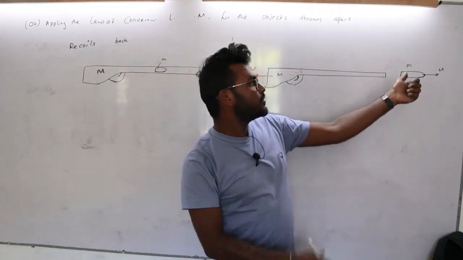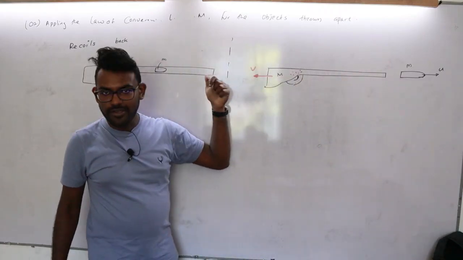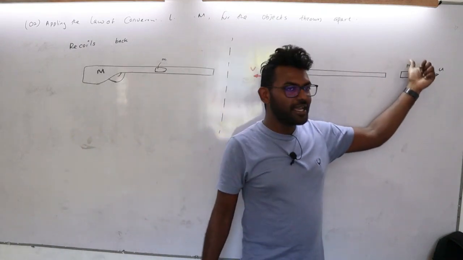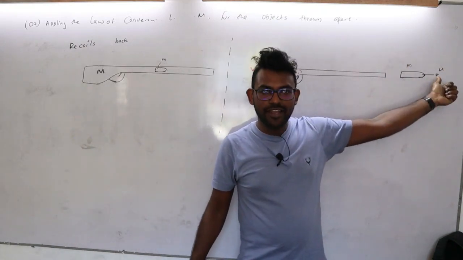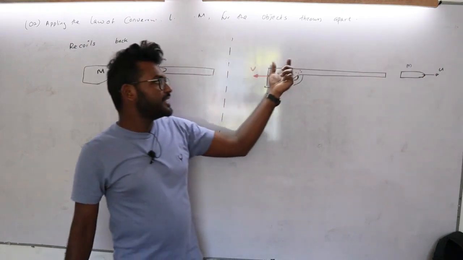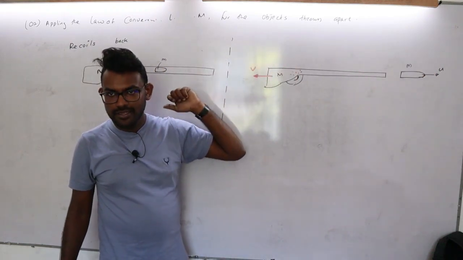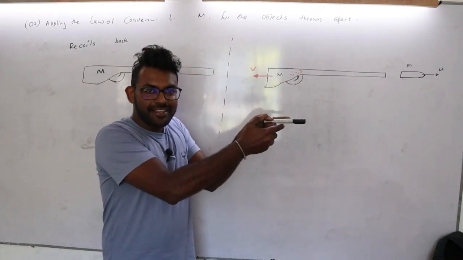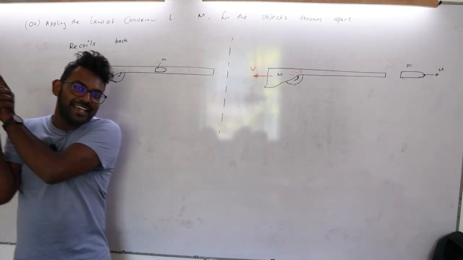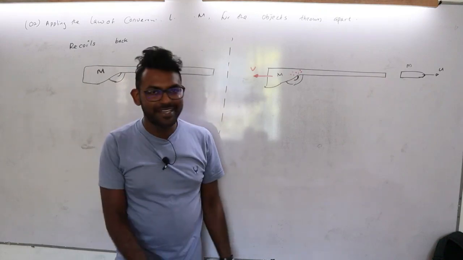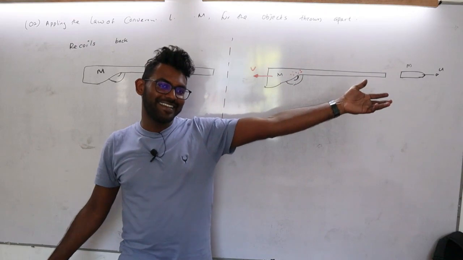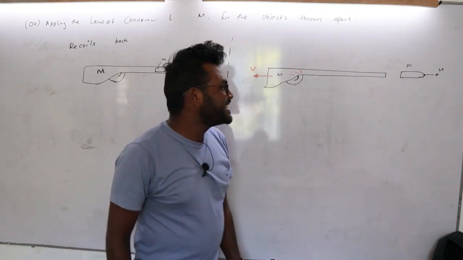So to cancel it off, the gun should move backwards. But again, we know that smaller the mass should get a higher velocity. Higher the mass it is, should get a smaller velocity. Otherwise, what's going to happen? Once you shoot it, the gun and you would be thrown backwards with the same speed as the bullet, right? Then you could shoot to the other side while the bullet goes to the front. That won't happen.